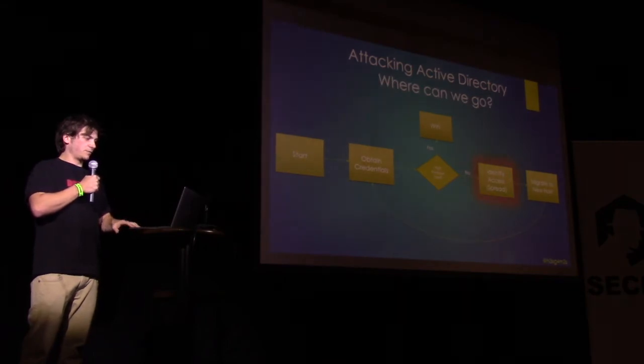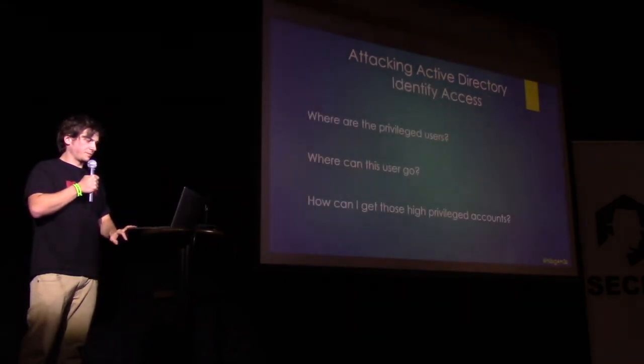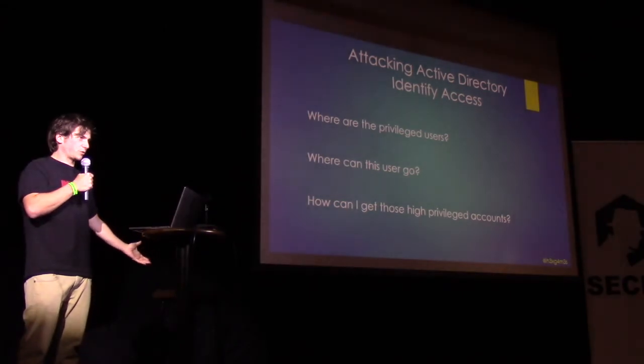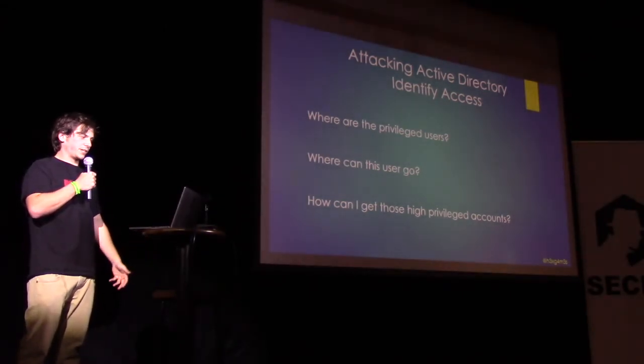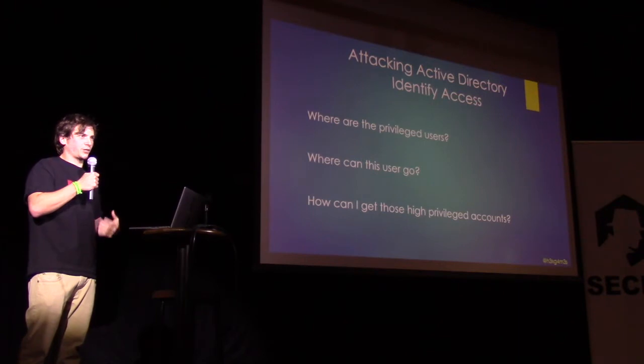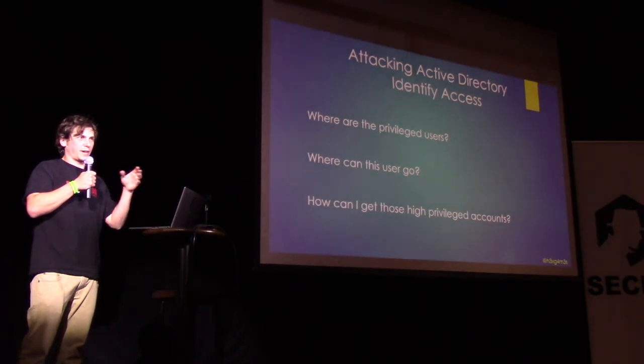So now we're going to spread, and we're going to look for where those privileged users are, where the user that I currently have credentials for can go, and how I can get to those high privileged accounts. So I'm going to be looking for the paths that get me there.